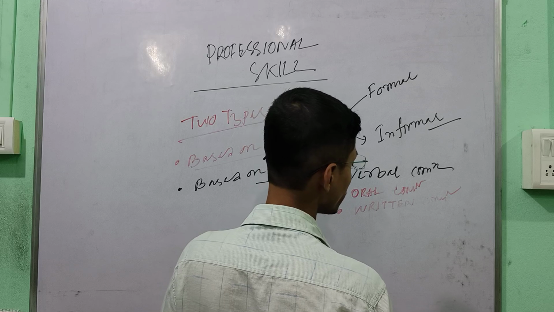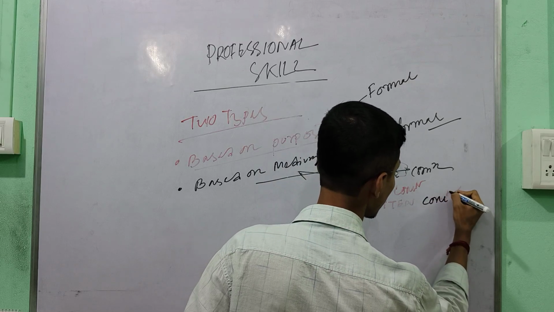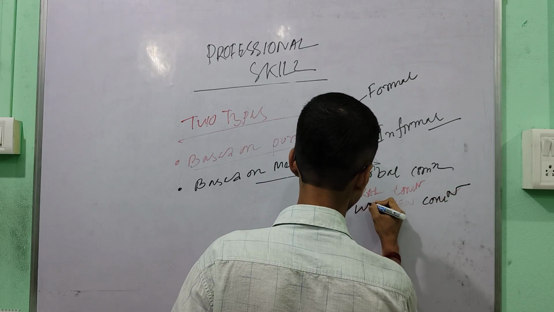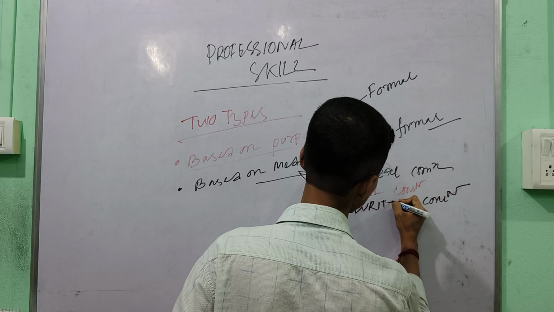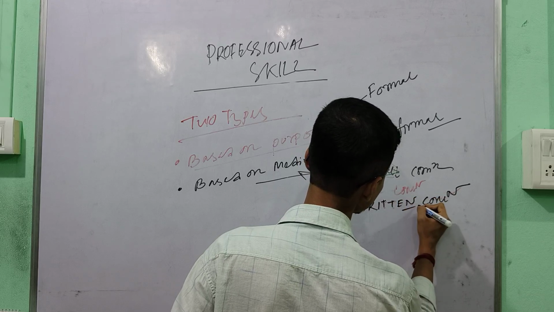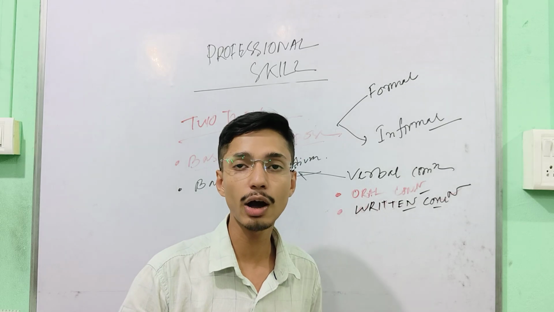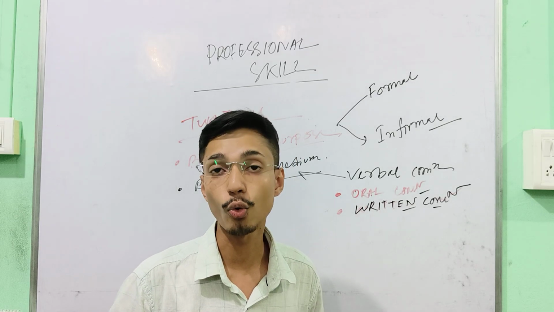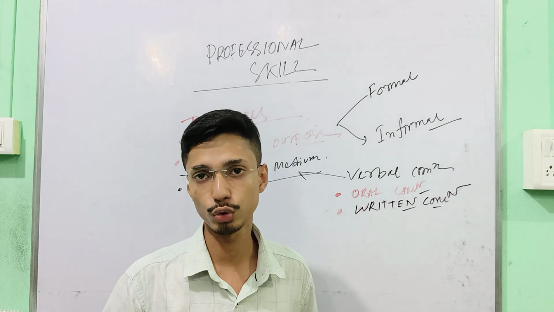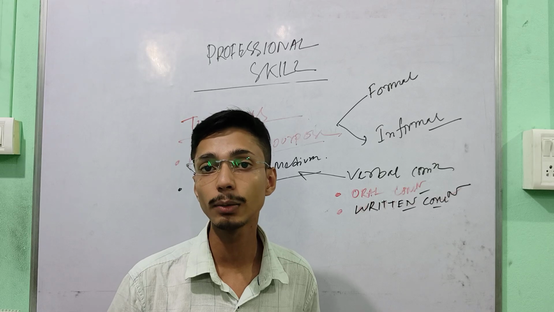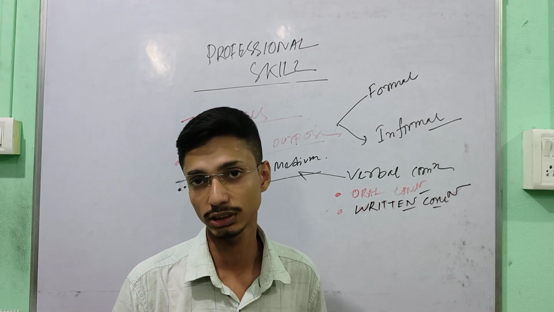So what does it mean by oral communication and written communication? We can know the answer from these two types. Oral means what? Oral means our voice. Oral means our mouth, through which we can complete our communication process.